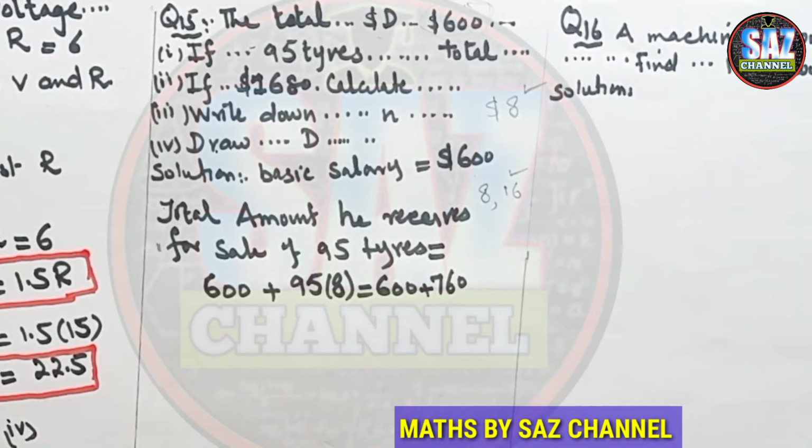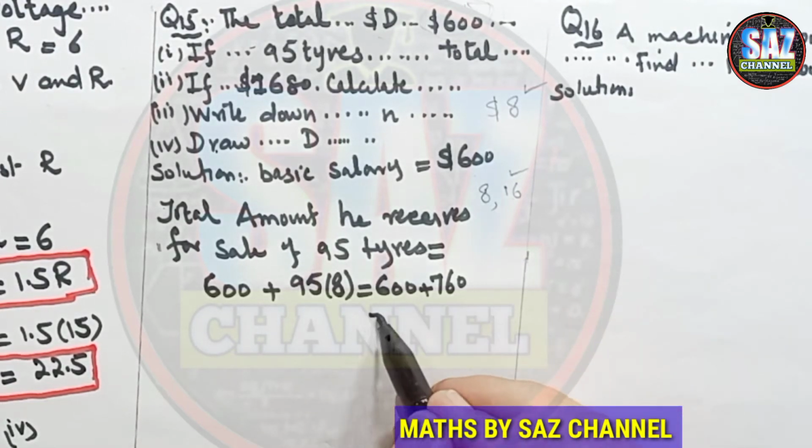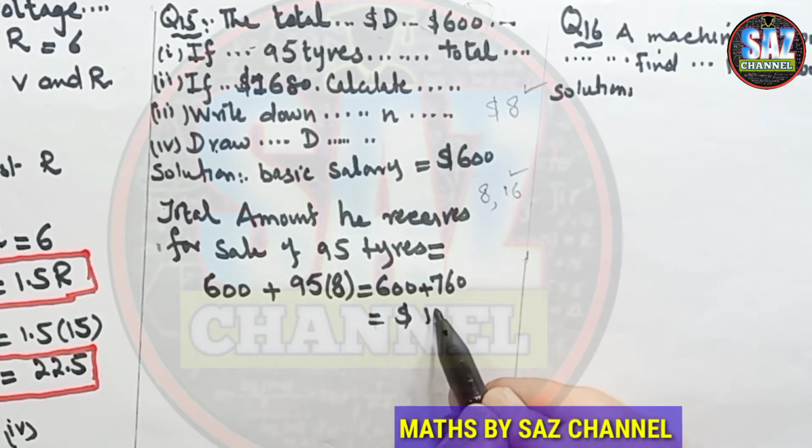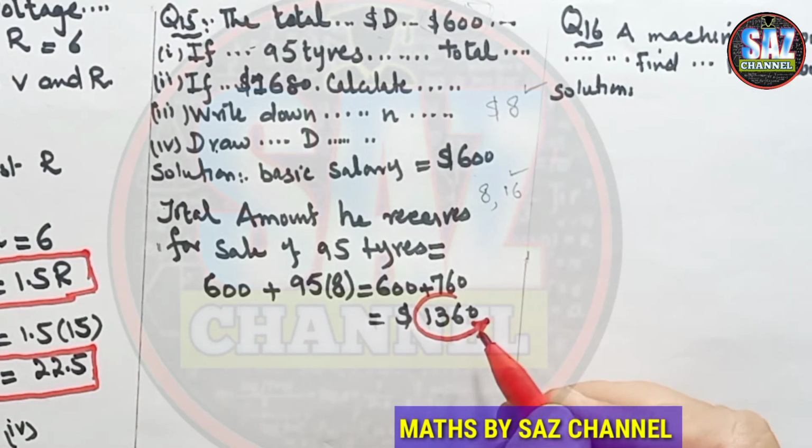Plus 600 is 1360. So $1360 he will be getting when he is selling 95 tires in that particular month. I hope you are clear how to find the total earning of that person.